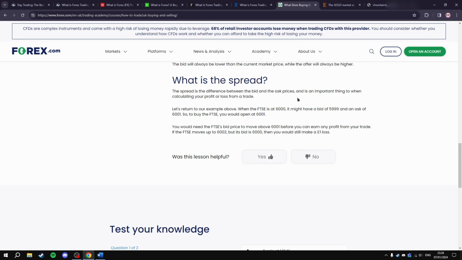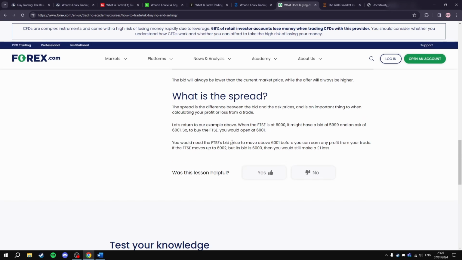When the FTSE is at 6,000, it might have a bid of 5,999 and have an ask of 6,001. So to buy the FTSE, you would open at 6,001. You would need the FTSE's bid price to move above 6,001 before you can earn any profit from your trade. If the FTSE moves up to 6,002, but its bid is 6,000, then you would still make a £1 loss.